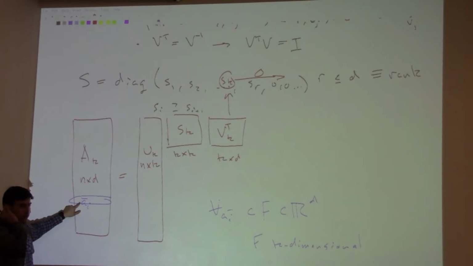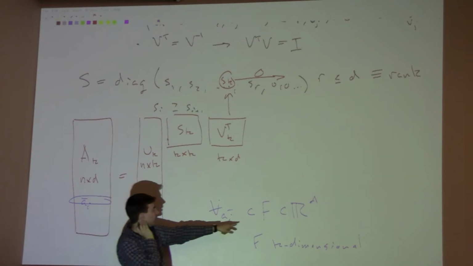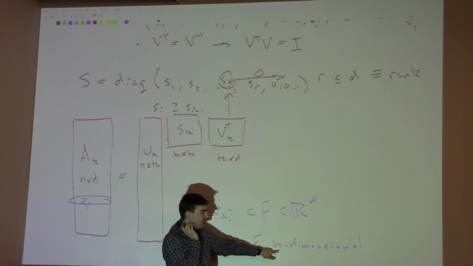It's an n by d matrix. So this has d coordinates, but it's going to turn out it's going to live in this subspace F, which is going to be k-dimensional.